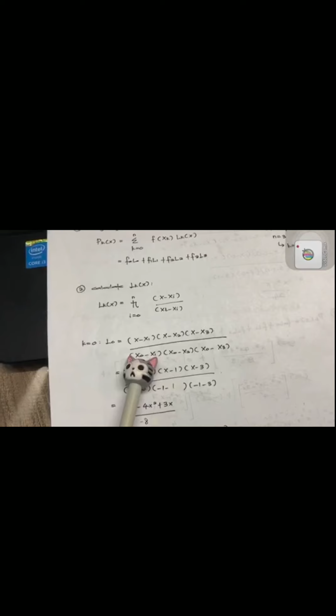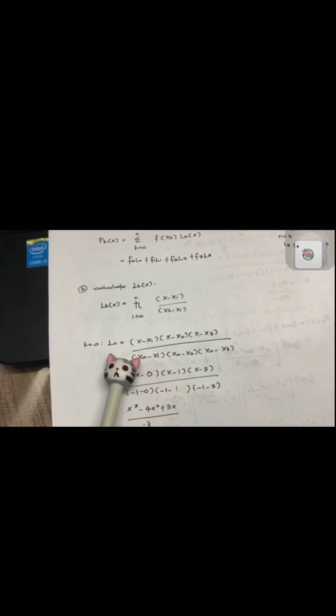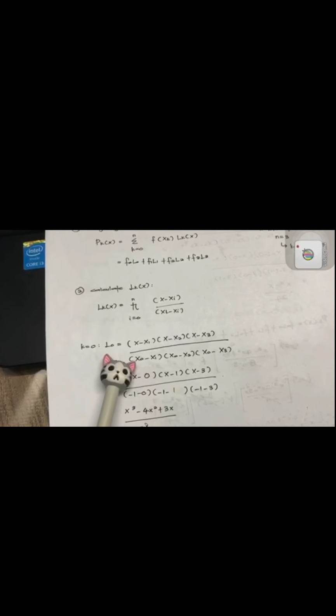x minus x1 times x minus x2 times x minus x3. The upper side must not include x0. Below, we have to take x0 minus x1 times x0 minus x2 times x0 minus x3.